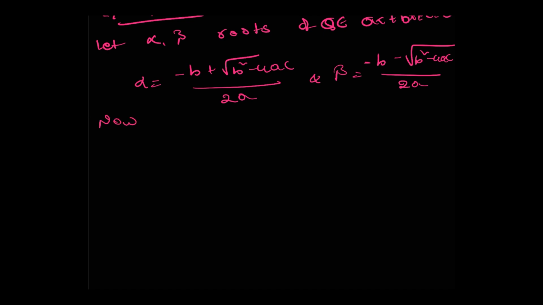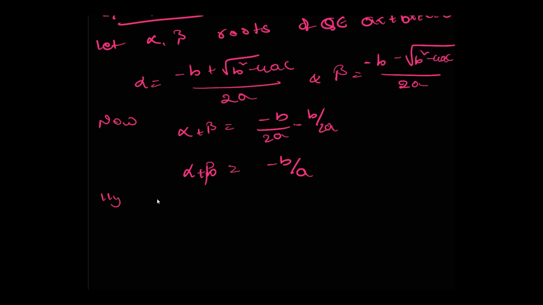Now alpha plus beta will be minus b by 2a minus b by 2a, plus these two will be cancelled out. We get alpha plus beta equals to minus b by a.